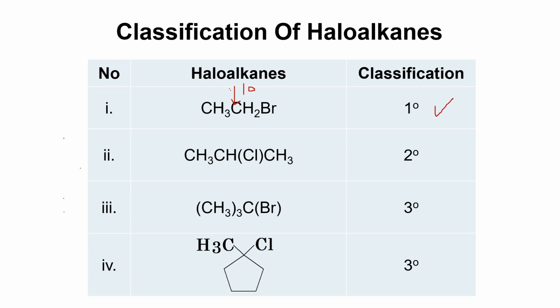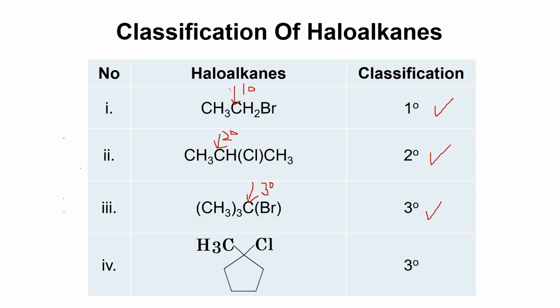In the second example, the chlorine atom is attached to a secondary carbon, so it is classified as secondary haloalkane. For the third example, if you expand this structure, you will get a carbon of tertiary class, so it is classified as tertiary haloalkane.